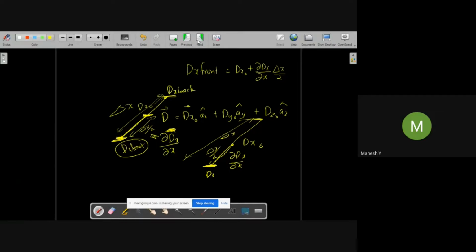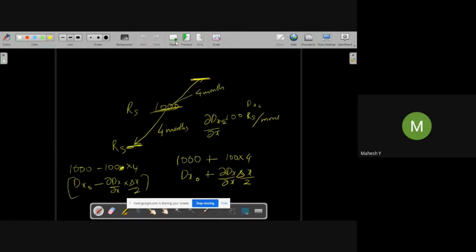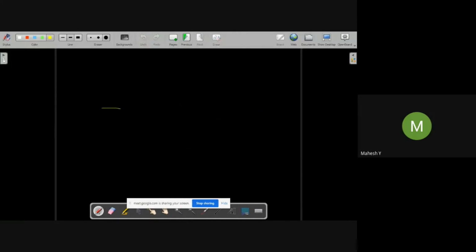So can we evaluate the integral now? Similarly, I want you to write the expression for the other faces. So this is delta y. Here it is dy0, and the rate of change is dou dy by dou x. So what are dy right and dy left? Try writing the expression.